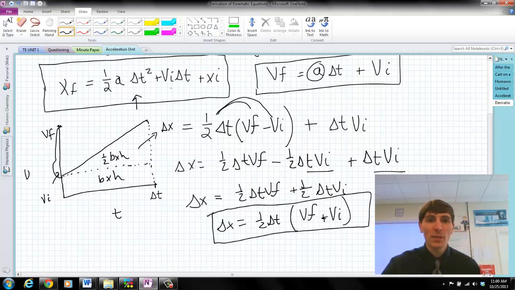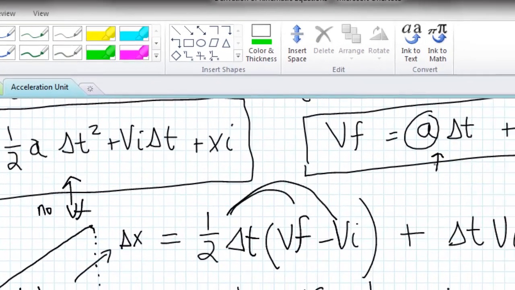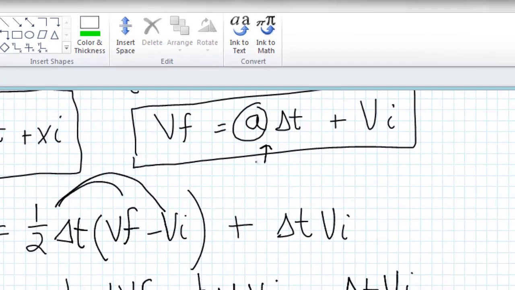this one tells me a lot of information, but what variable does it not tell me out of all these possible variables? Looking at the one we just derived, final velocity, I don't find it here. No vf. I look at this equation here, vf equals a delta t, and this one doesn't tell me all the information. This one doesn't tell me anything about position.